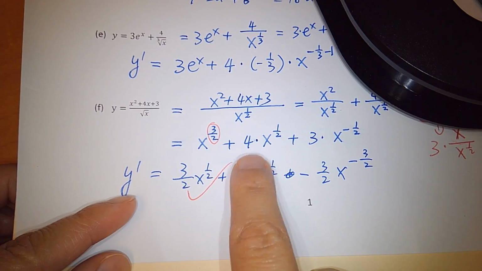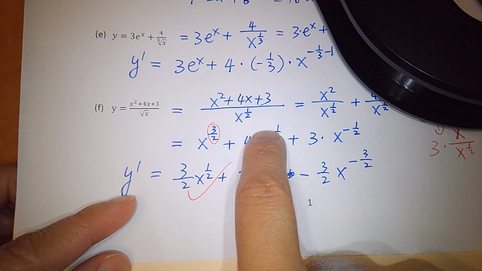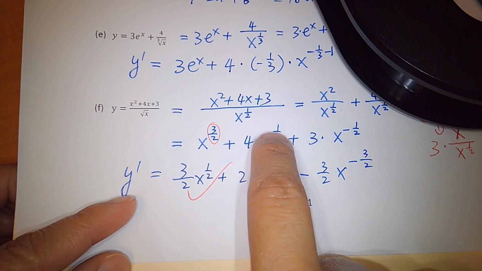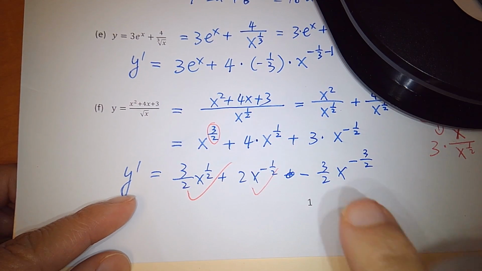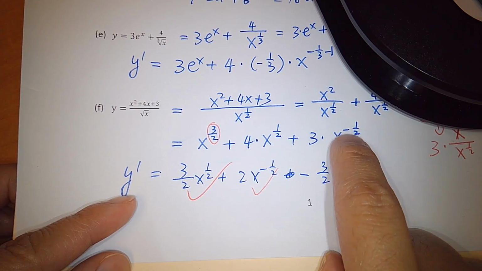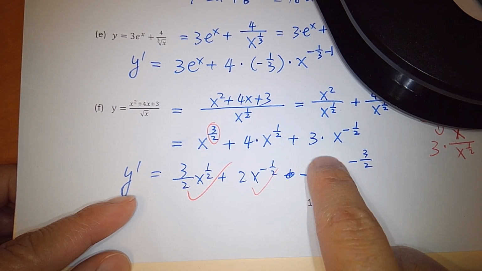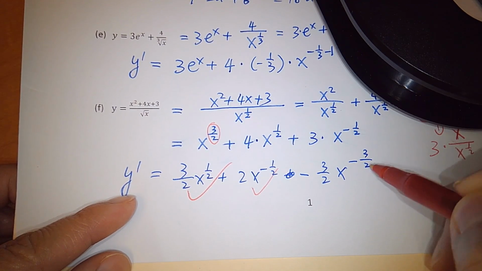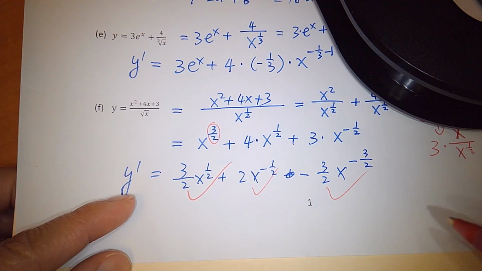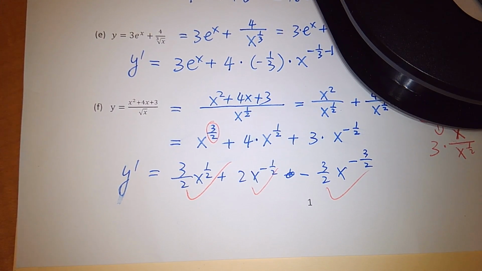And then 4 times x to the 1/2 power, n moves in front, 4 times 1/2 gives us 2, and then 1/2 minus 1 gives us negative 1/2, you're right. This one is 3 times negative 1/2, which is negative 3/2, and negative 1/2 minus 1 is negative 3 over 2. So right, correct.